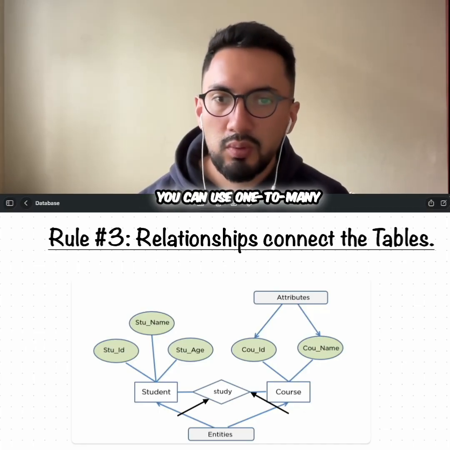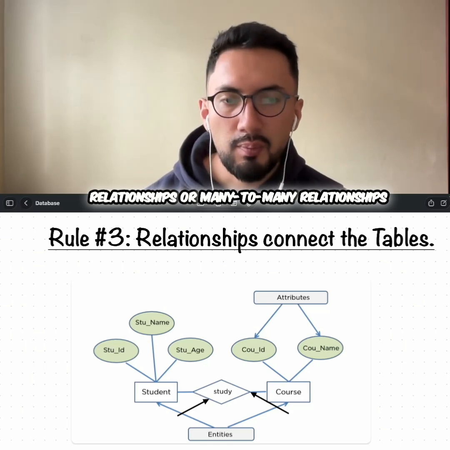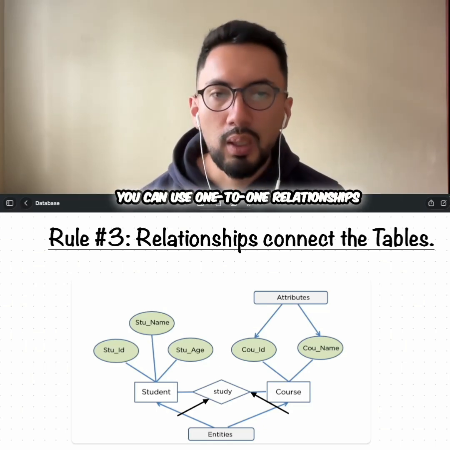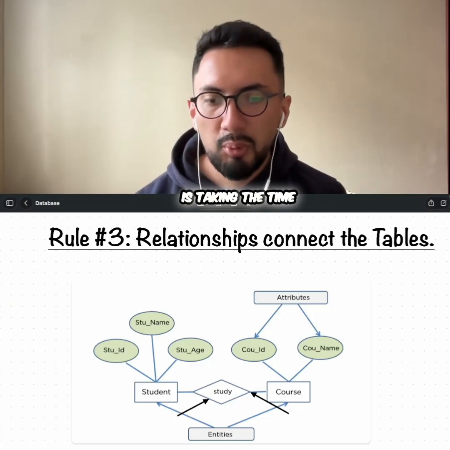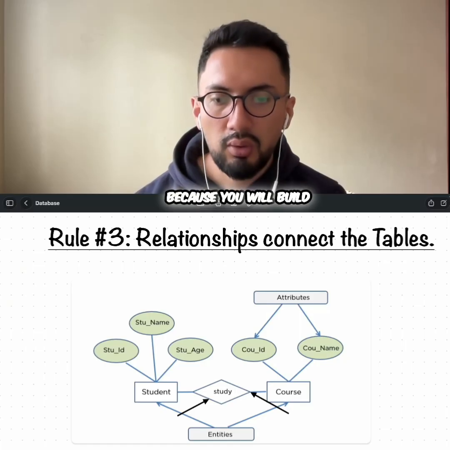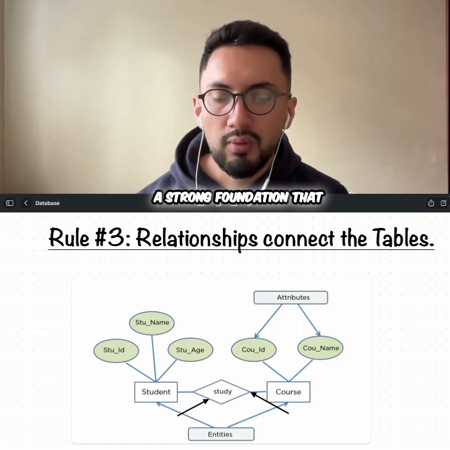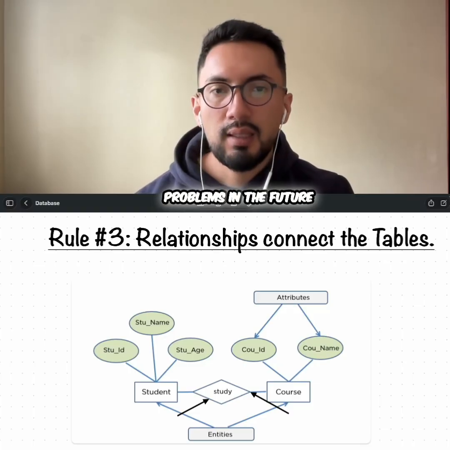You can use one-to-many relationships or many-to-many relationships, and in some cases one-to-one relationships. My recommendation is to take the time to design your database like this before you start coding, because you will build a strong foundation that will save you a lot of time and problems in the future.